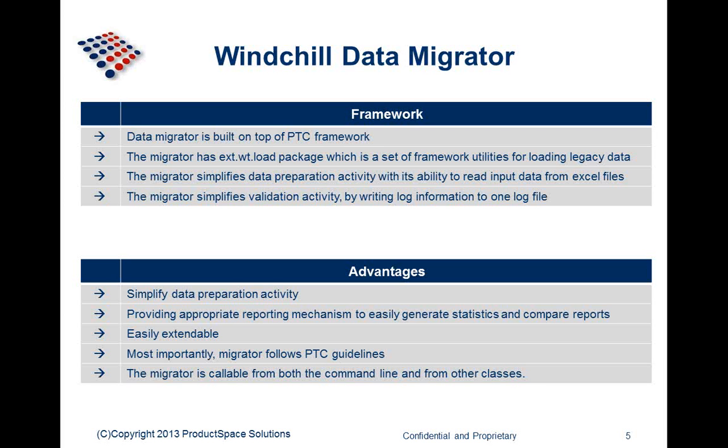I can talk about a few other things, such as the utility is callable from the command line, as well as from a custom Java program. The utility also performs reading data from several input files. So these are some of the advantages which we can talk about.